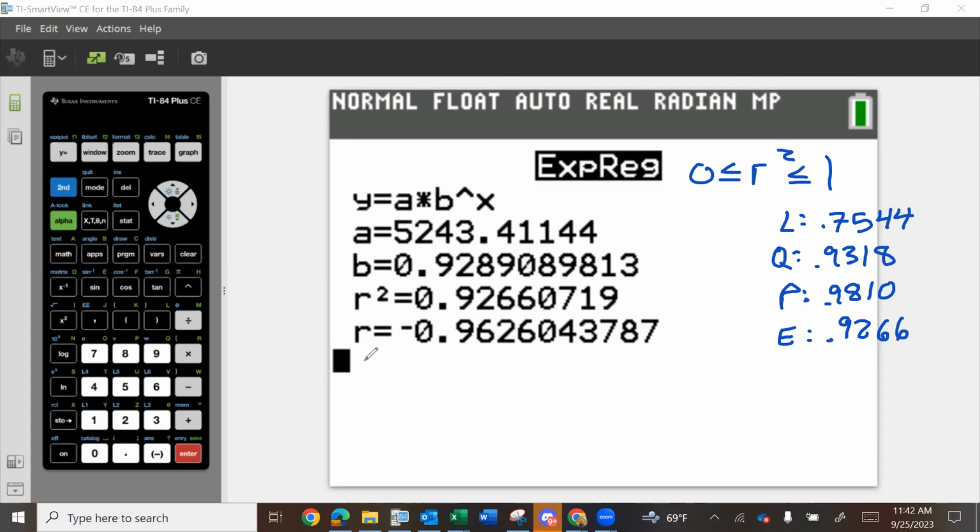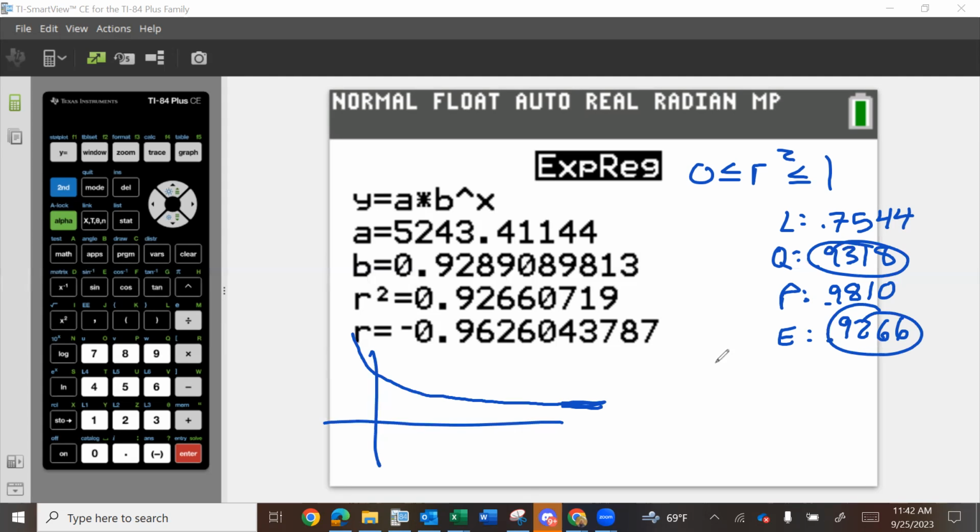Although, when you graph an exponential function, it'll usually come down and get flat, and it stays pretty flat, like a logarithmic equation. That would be a decreasing exponential function. So even though quadratic has a better r squared value than exponential, exponential is still better just because it makes more sense, because the CFS, the cubic feet per second, is not going to be popping up anytime soon.